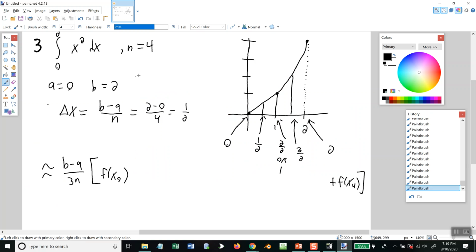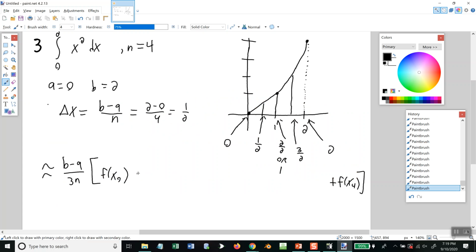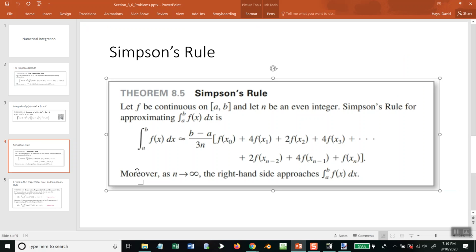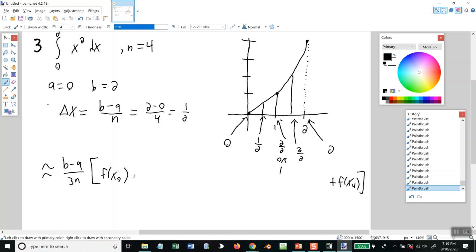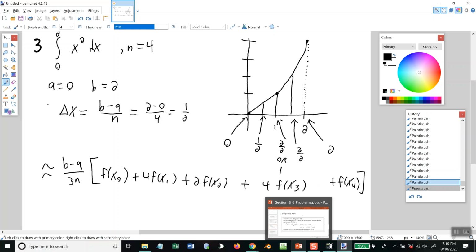Our n was 4, so that's why I put f of x4. And now it alternates. It starts with a 4 in front of it, then 2, 4, 2, until you get to the last one. Plus 4 of f of x1 plus 2 f of x2 plus 4 of f of x3. Oops, got a plus there. And then plus my f of x4.